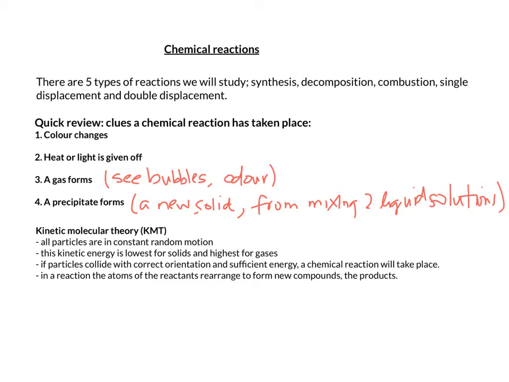So the amount of energy particles have as solids is less than the energy they have in their gas state. If particles collide with correct orientation and sufficient energy, a chemical reaction will take place. In a reaction, the atoms of all of the reactants rearrange to form new compounds that we call the products.